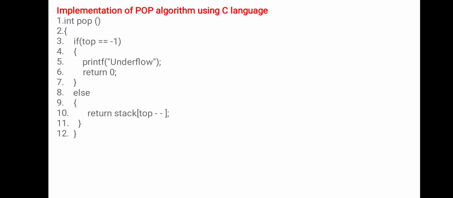See, top value minus 1 means the stack is empty or underflow. Else return stack of top minus minus. Here two steps are written in a single statement. Actually the top value is assigned and decremented, both are done in a single step, right? This is deletion of an element from the stack.